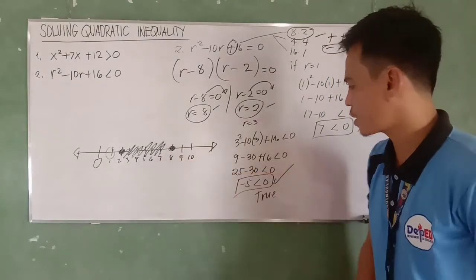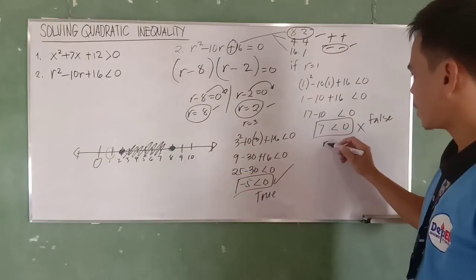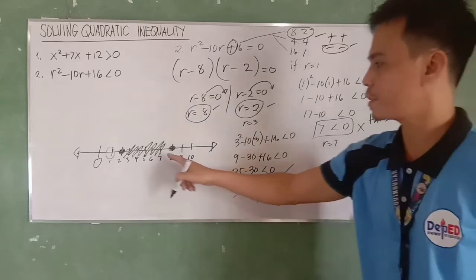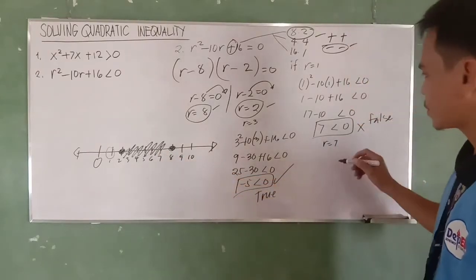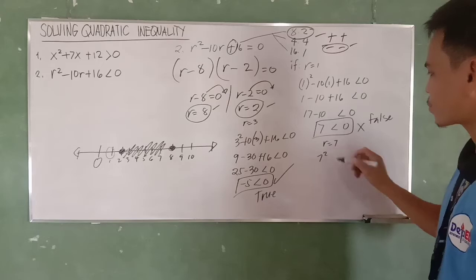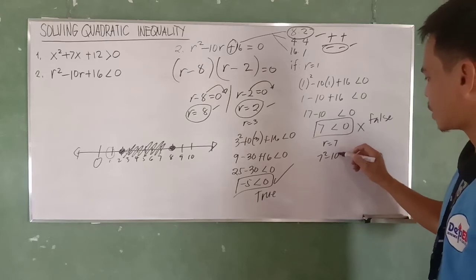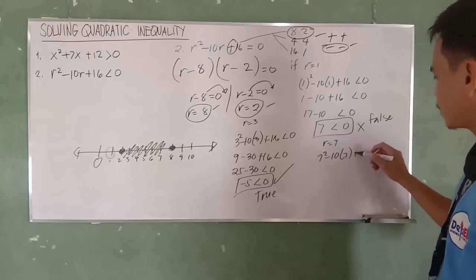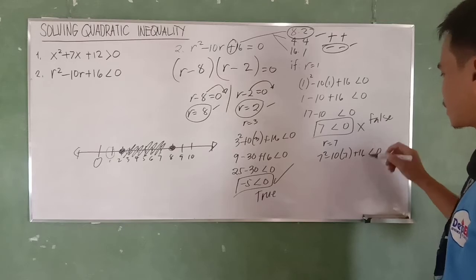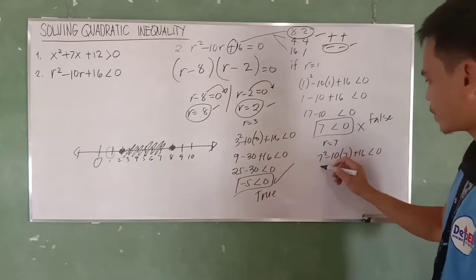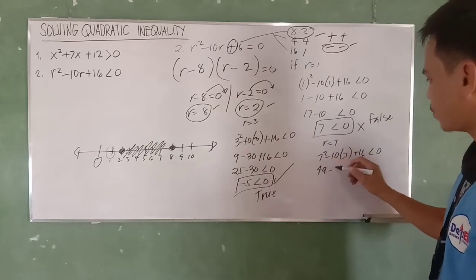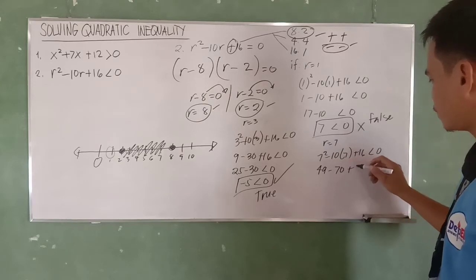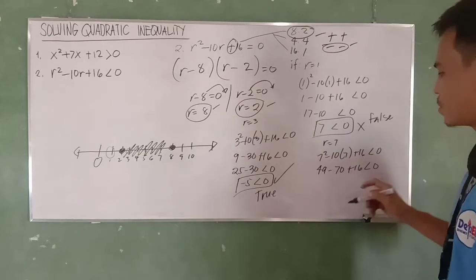Let's try 7. r is equal to 7, if it is really a solution. Okay? So this is 7 squared minus 10 multiplied by 7 plus 16 is less than 0. So 7 squared is 49 minus 70 plus 16 is less than 0.